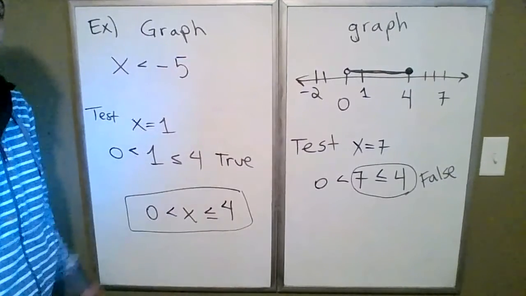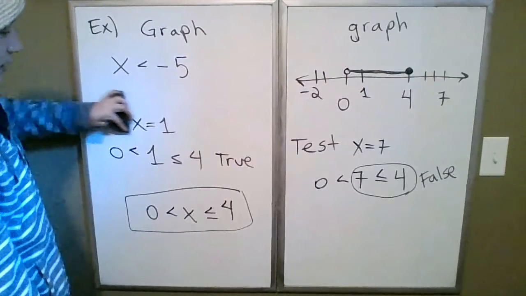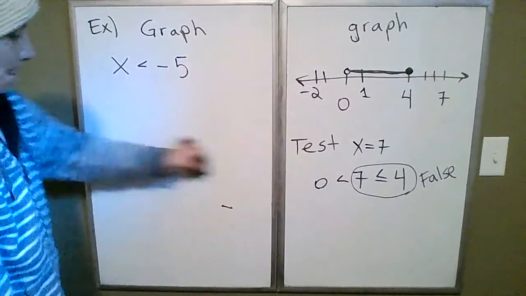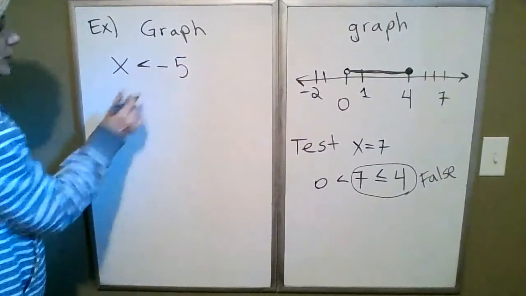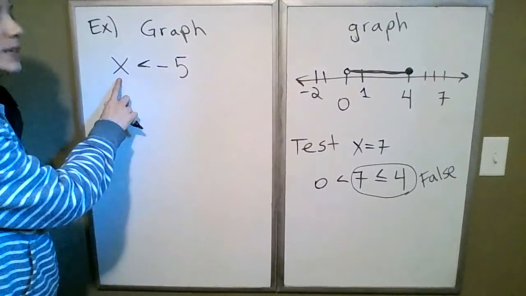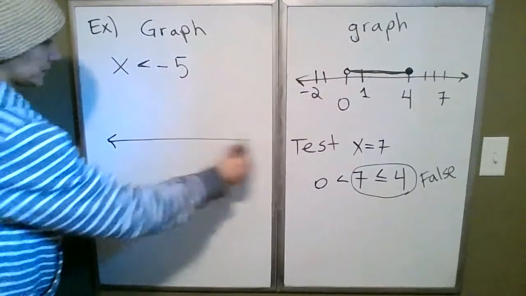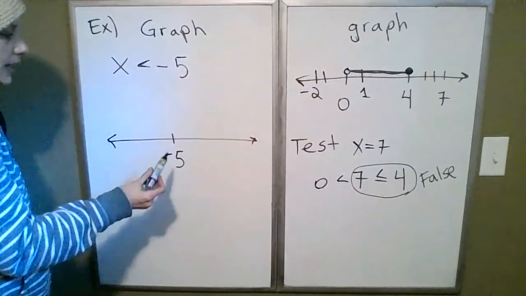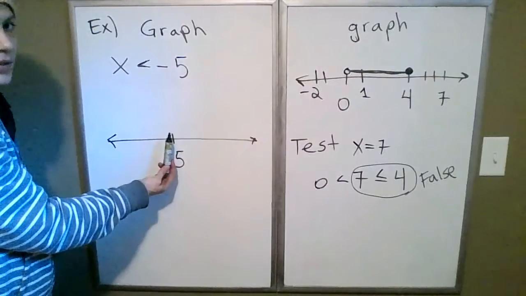Okay. Graphing x less than -5. So you first isolate the variable, which it is. X is isolated. Then mark critical numbers, like -5. And there's 2 test intervals, one from -infinity to -5.